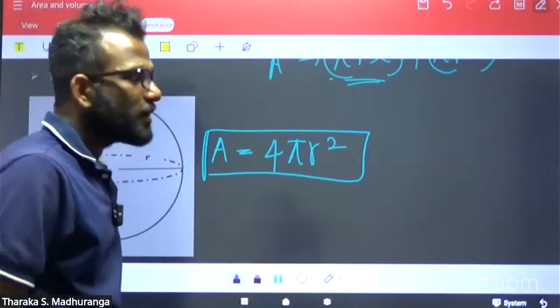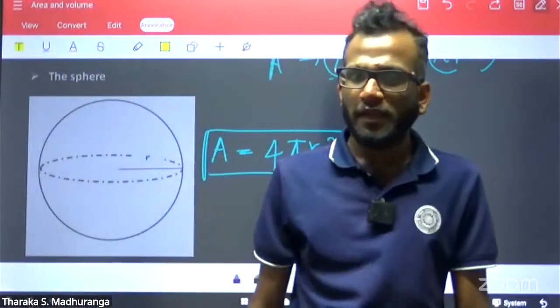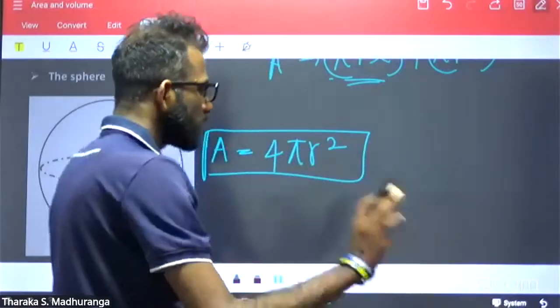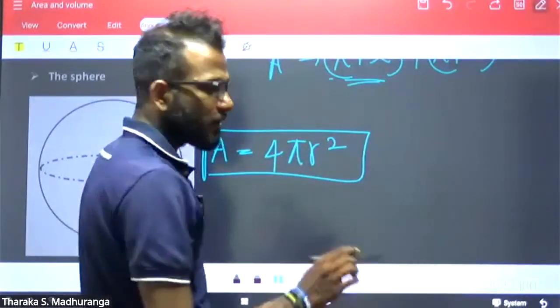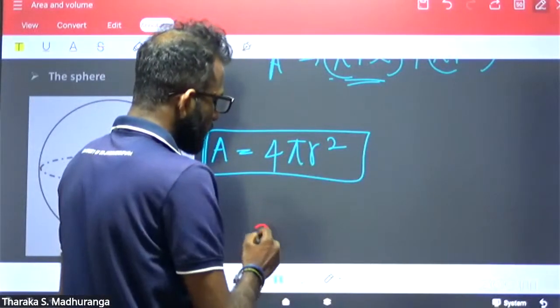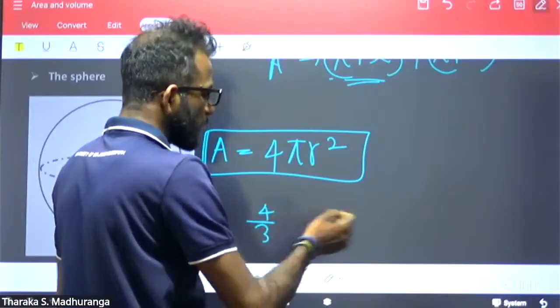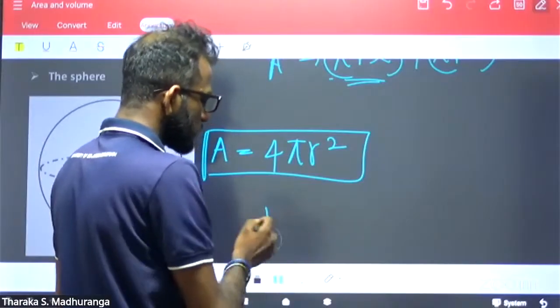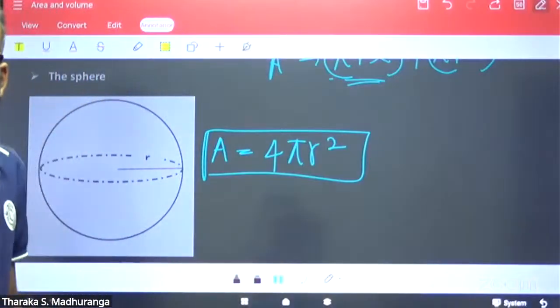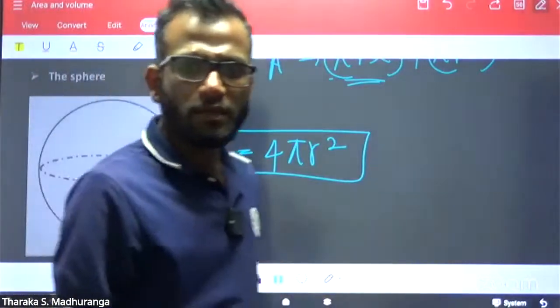No, Dinul, that is volume. Now we are discussing surface area. 4 over 3, 3 over 4 over 3, that calculation is for volume, not for area.